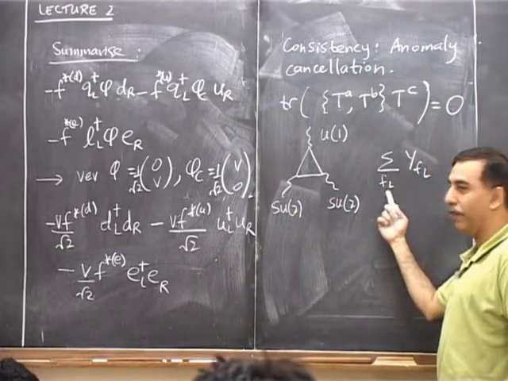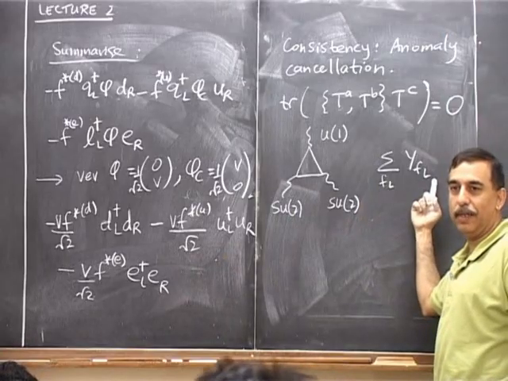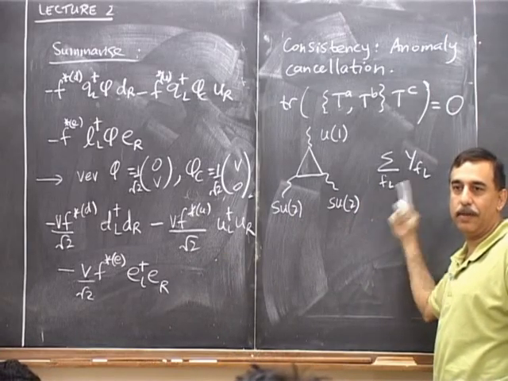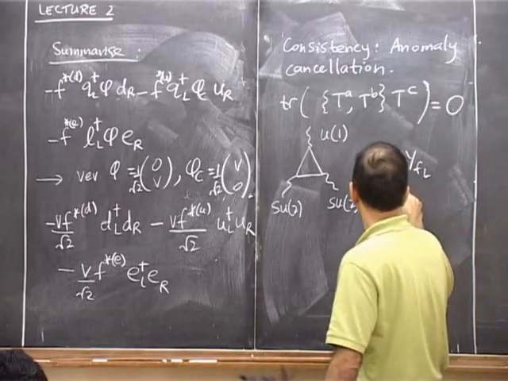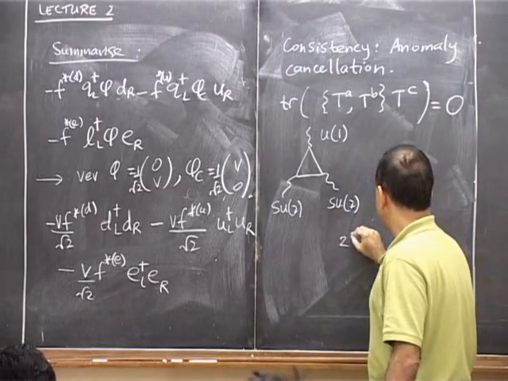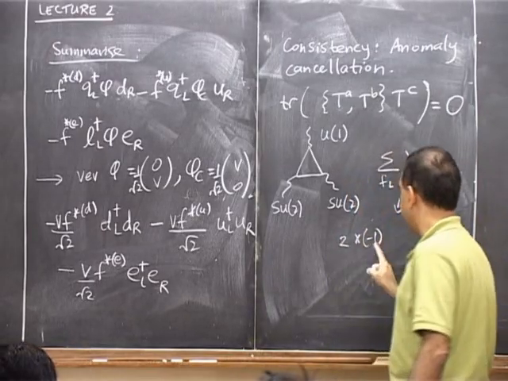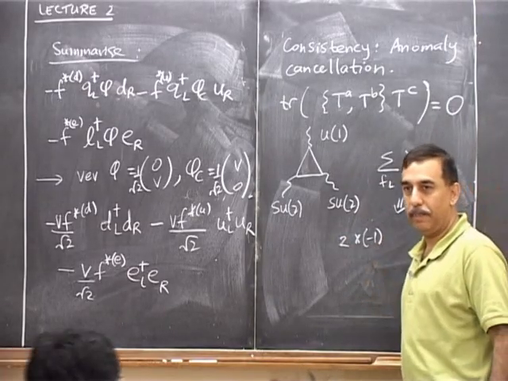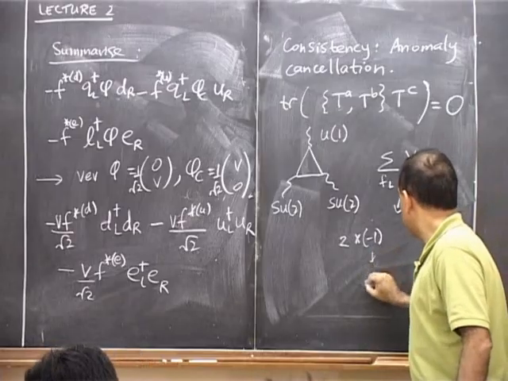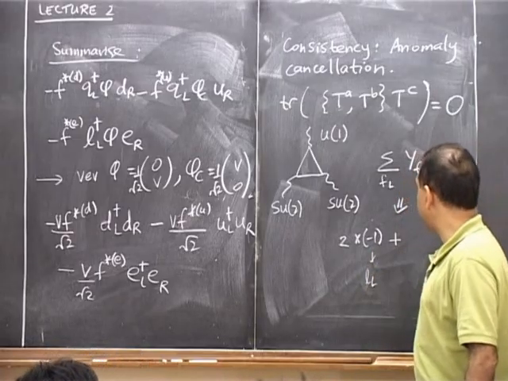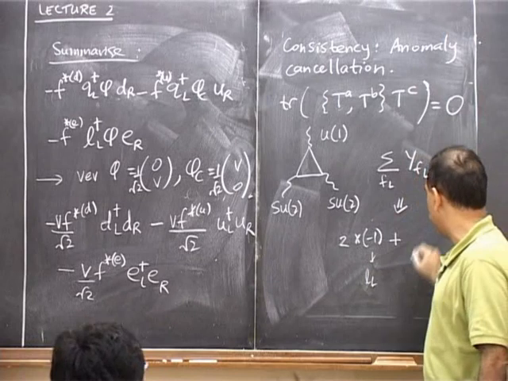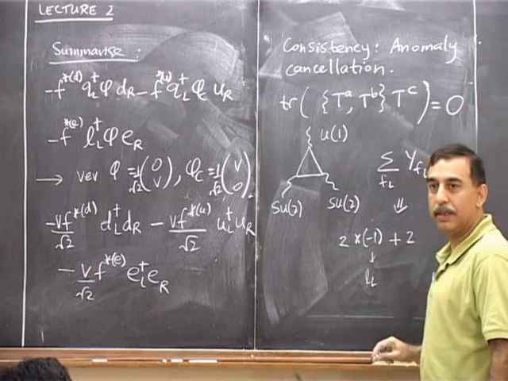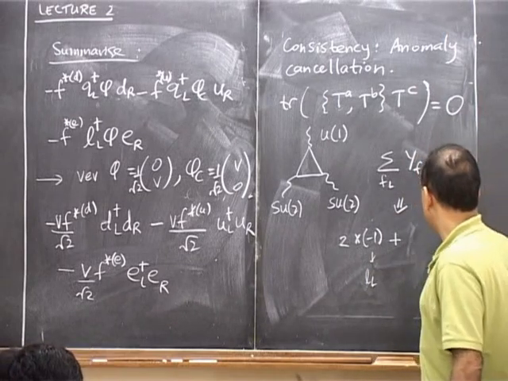This is a sum over all fermions. So, for example, if this lies in a doublet, then there has to be a 2. If it lies in a triplet, there has to be a 3. So, this is 2 times minus 1, which is the hypercharge of the left-handed lepton doublet, plus, for the left-handed quarks, they are in a doublet.